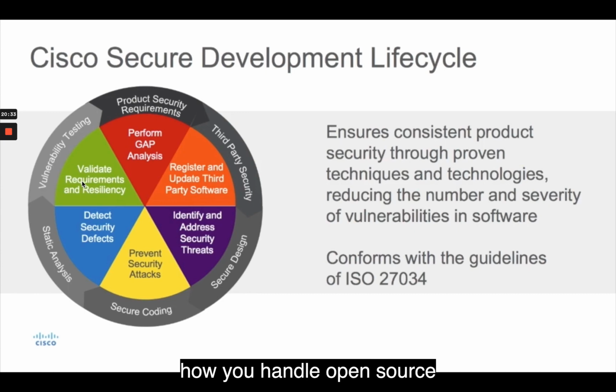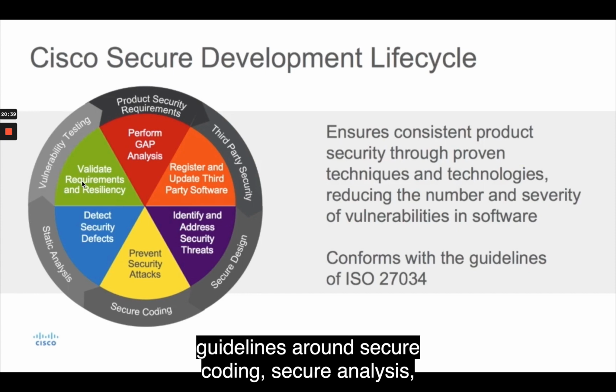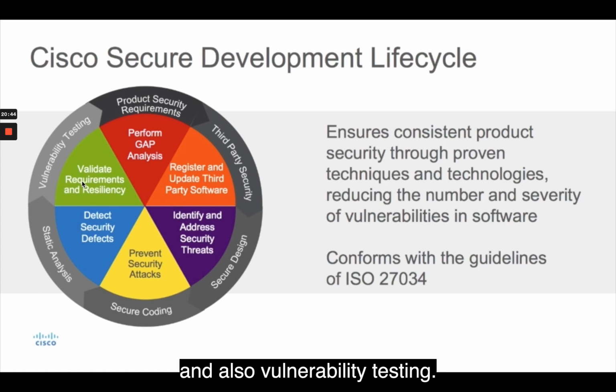How you handle open source and third-party software vulnerabilities. Secure design guidelines, guidelines around secure coding, secure analysis, and also vulnerability testing. Now, the goal of the SDL is to provide tools and processes that are designed to accelerate the product development methodology by developing secure, resilient, and trustworthy systems, right?